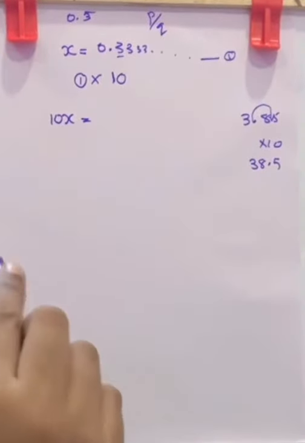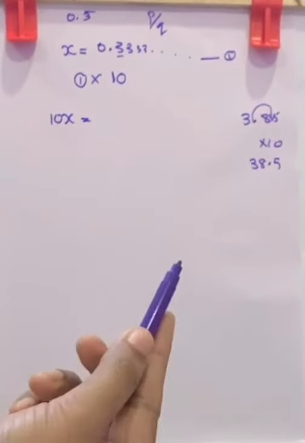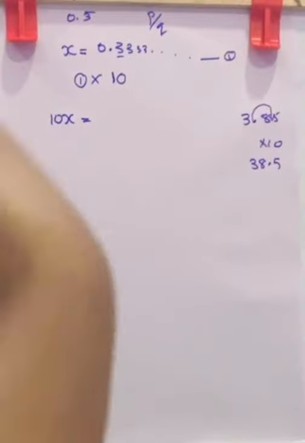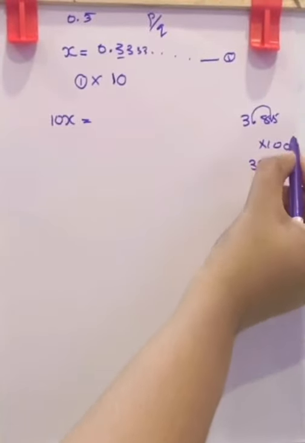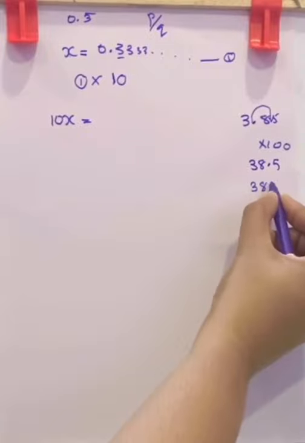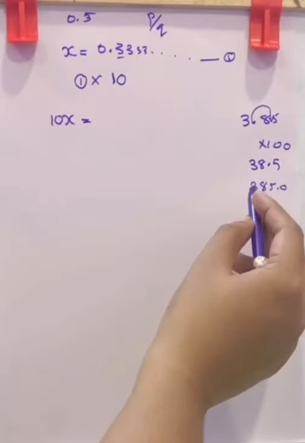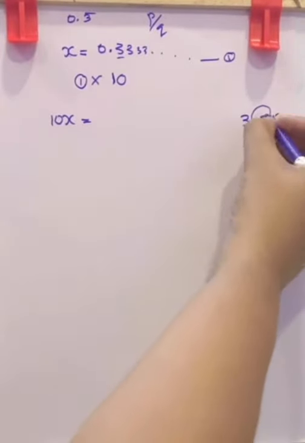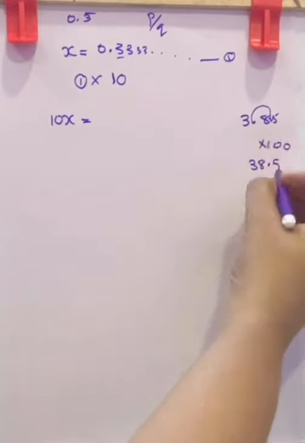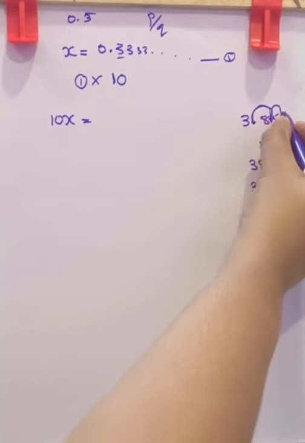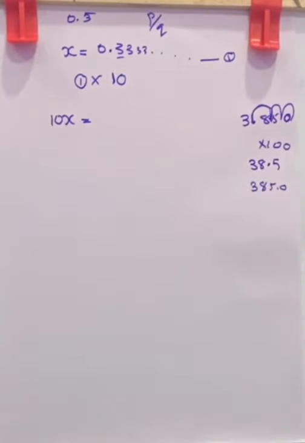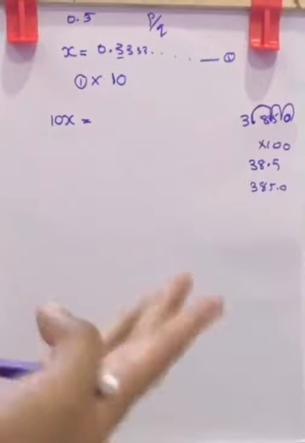While you are multiplying with 1 and zeros, the decimal jumps to the right side. If it was 100, the result would be two places to the right. If it was 1000, 1000 means 3 zeros, so 1, 2, 3, and if there is no number there, you put 0 there. So while multiplying with 1 and zeros, the decimal jumps to the right side.